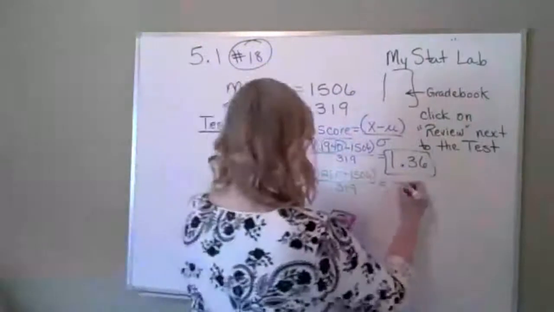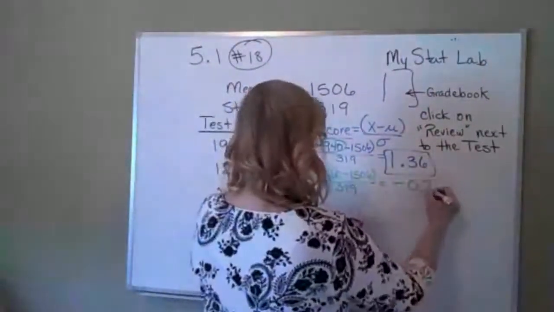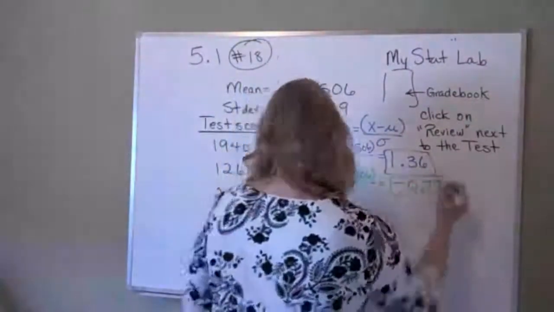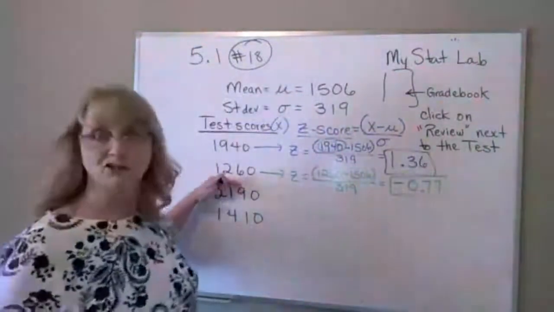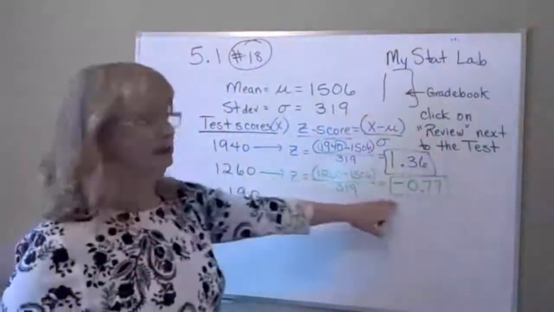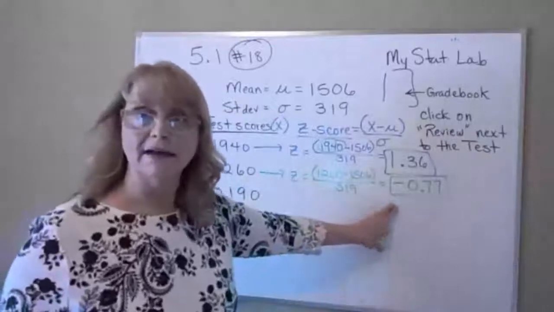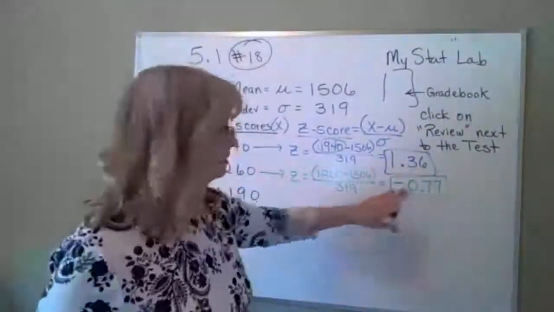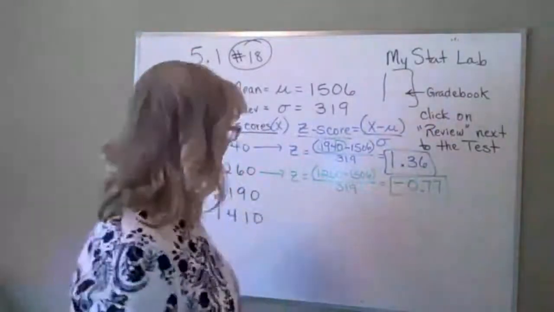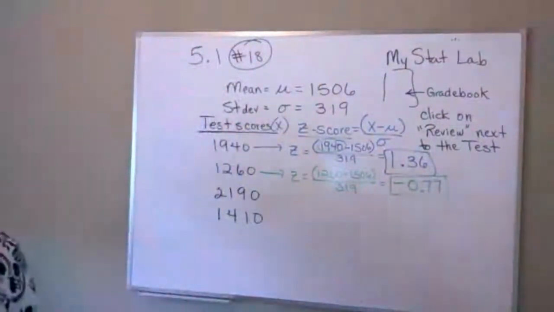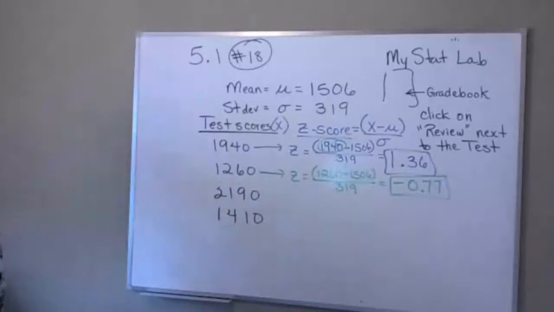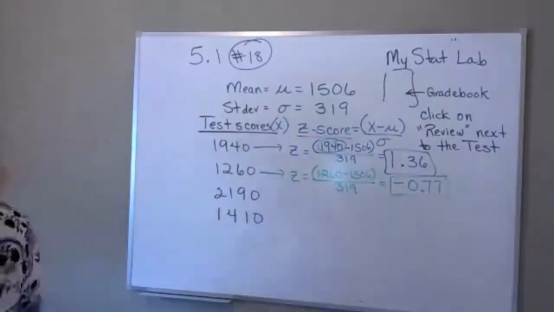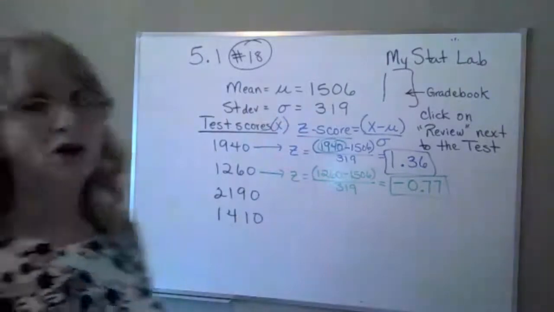And that gives me negative 0.77 to two places. That means that test score is below the mean because the z-score came out negative. And you probably don't have to put the 0 in. So it's going to ask you for all four.